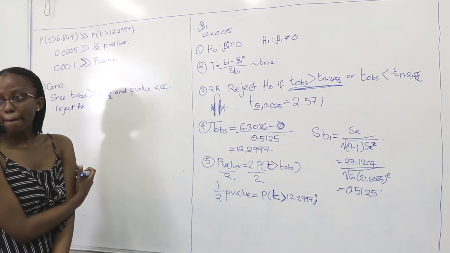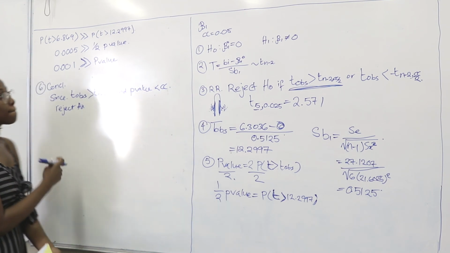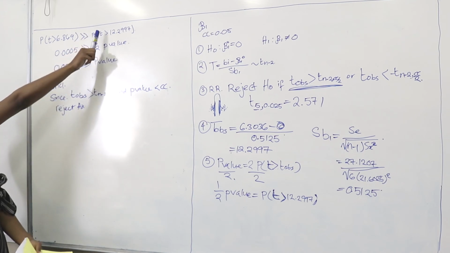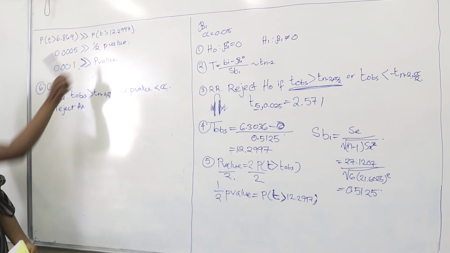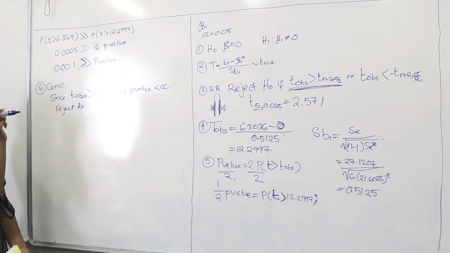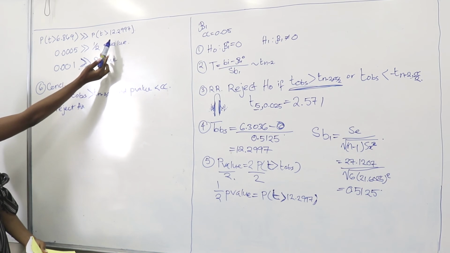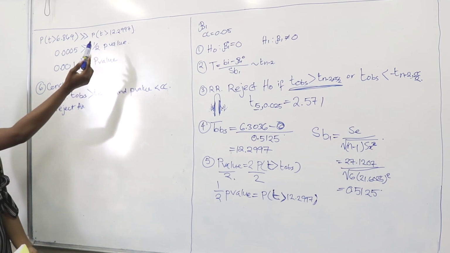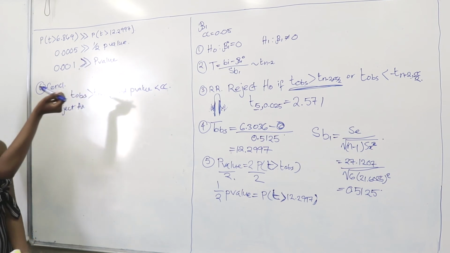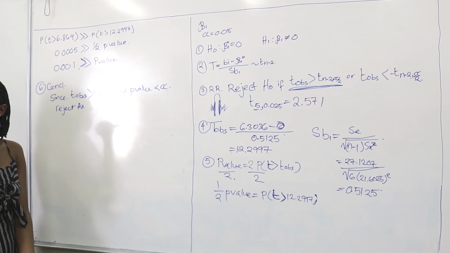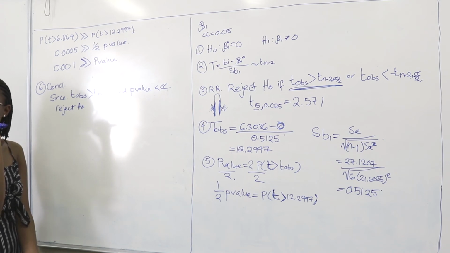A question? Quick question. Well, it's not a question. I just want to clarify there by your p-value. So what you're saying at the top is that the probability of 6.869 is greater than 12.2 what? Yes. It's probability, not the number. Oh, so you're looking at the values at the top on the table. Yes.